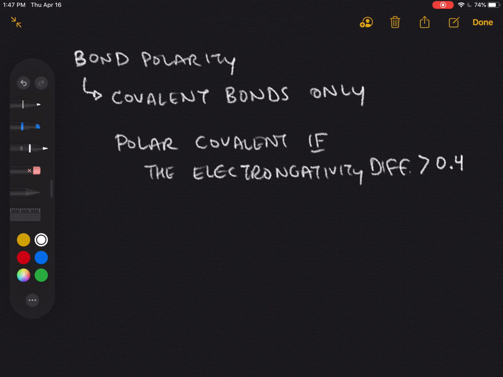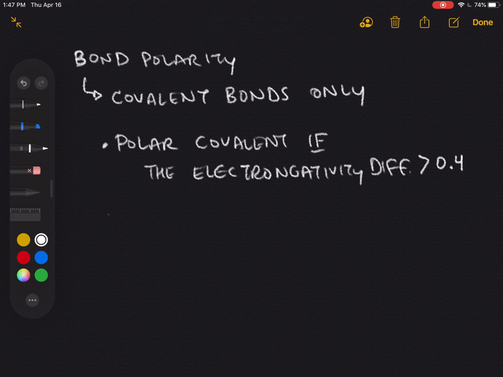Now, the problem with that is you might not always have the chart of electronegativity values in front of you. And for what it's worth, those values are unitless, just relative values that help us understand the differences between the atoms of each element. But on this arbitrary, unitless scale, a difference of greater than 0.4 leads to a polar covalent bond. That said, there is an upper bound on it.